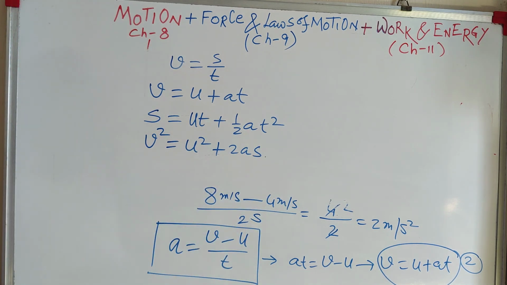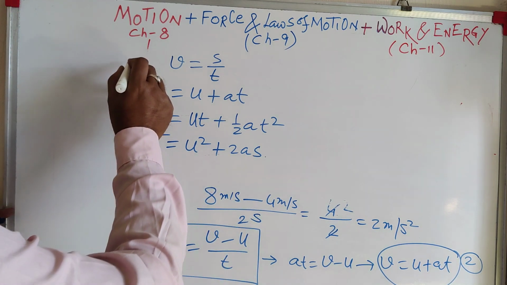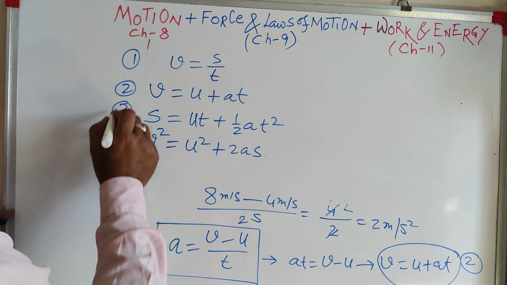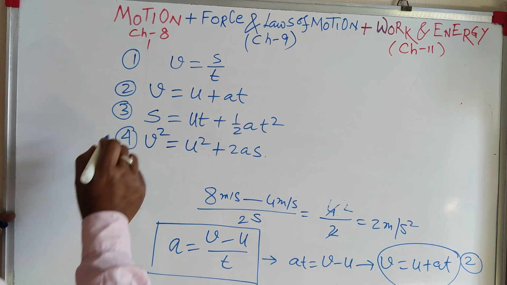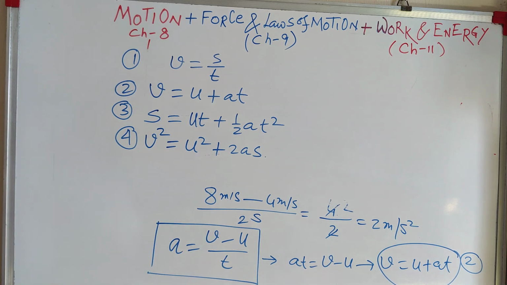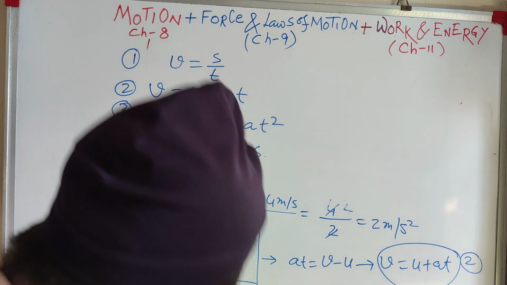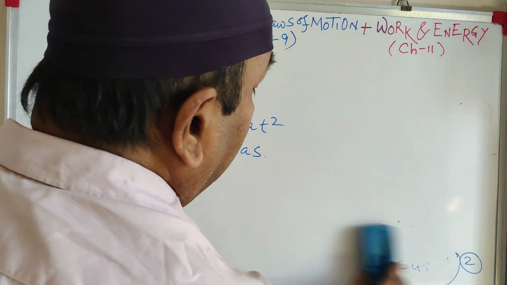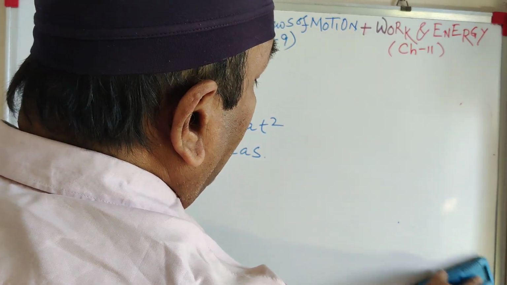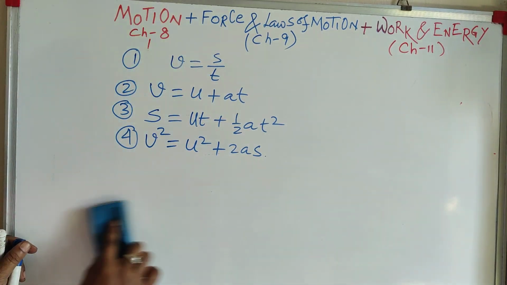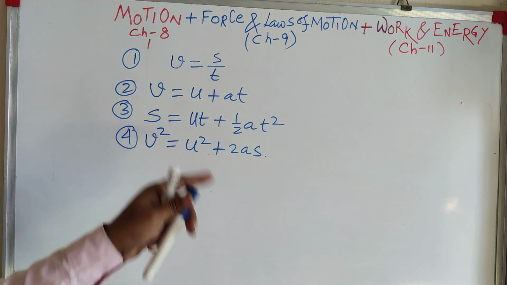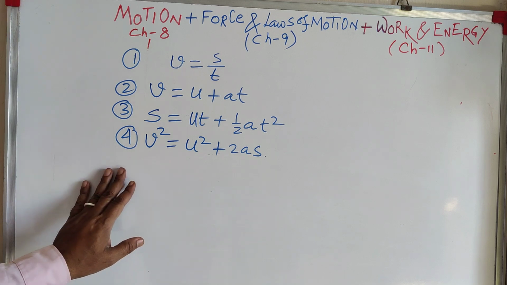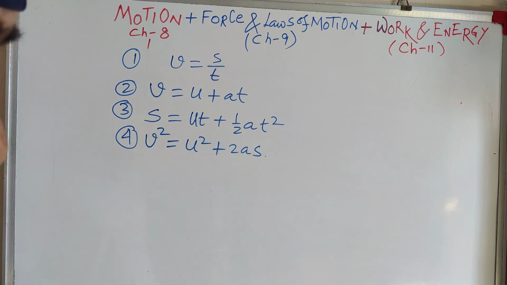So this is formula number 1, number 2, number 3 and number 4. When you look at a numerical problem, you collect the data and see whether time is given; then you take formula number 3. When time is not given, take formula number 4.